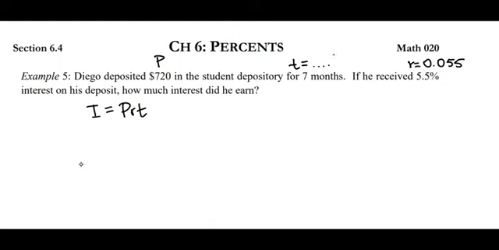All right. So how do we convert 7 months into years? There is no easy way to do it. We're just going to have to put it over 12 because it's going to be part of the year. The whole year is 12 months. So we're going to go back to our fractions. T equals 7 over 12.